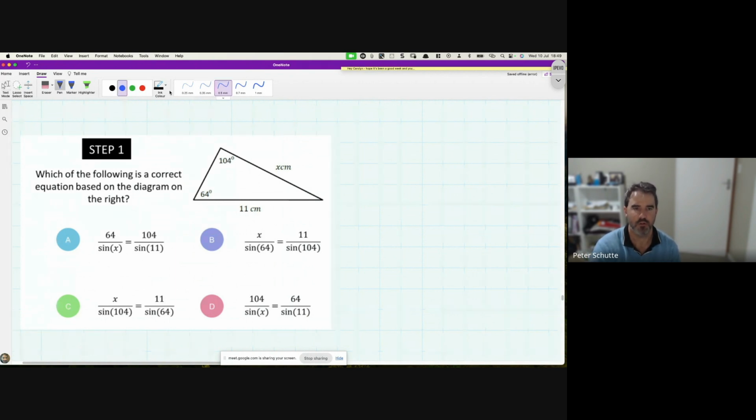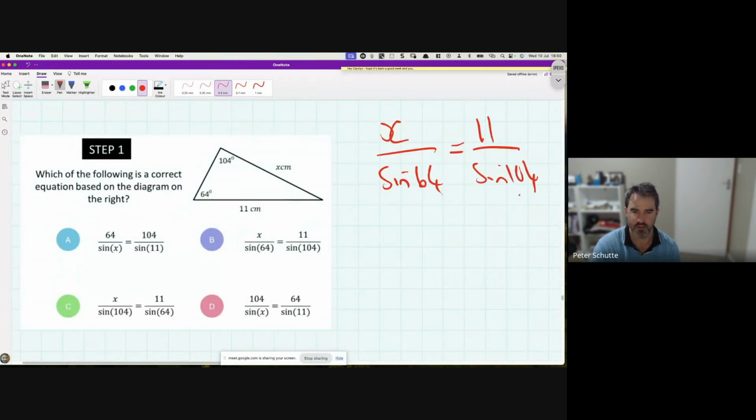So let's have a look. How would you set this out? You'd go x divided by the sine of 64 is 11 divided by the sine of 104. And for me, that would be B.